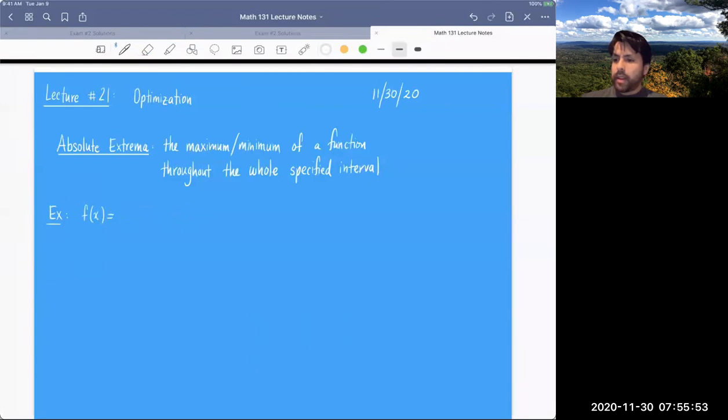I meant to say x squared minus 2x minus 3. And my interval is -2 comma 3. So again, we're given an interval for which we're trying to figure out what's the maximum value and what's the absolute minimum value.